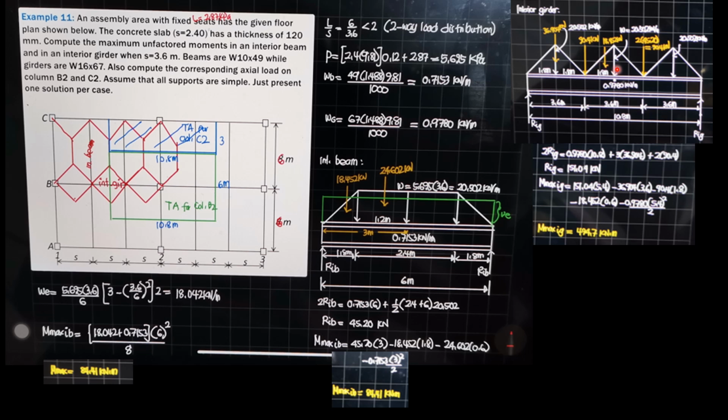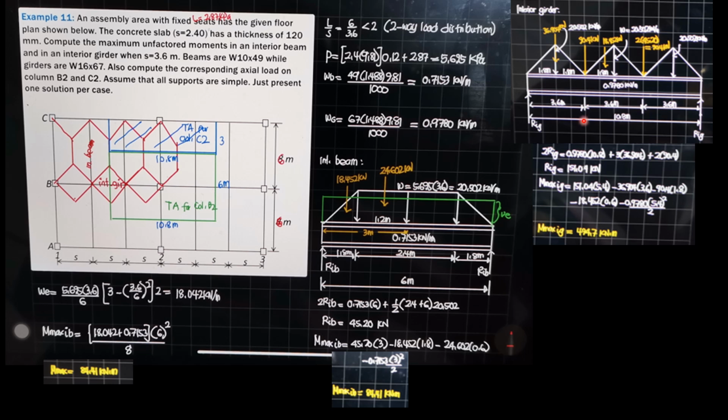Moment arm is 1/3 of 1.8, so 0.6. Then minus the moment of this uniform weight of beam, 0.978 times 5.4 times 5.4 over 2, or 0.978 times 5.4 squared over 2. So it is equal to 494.7 kilonewton meters.